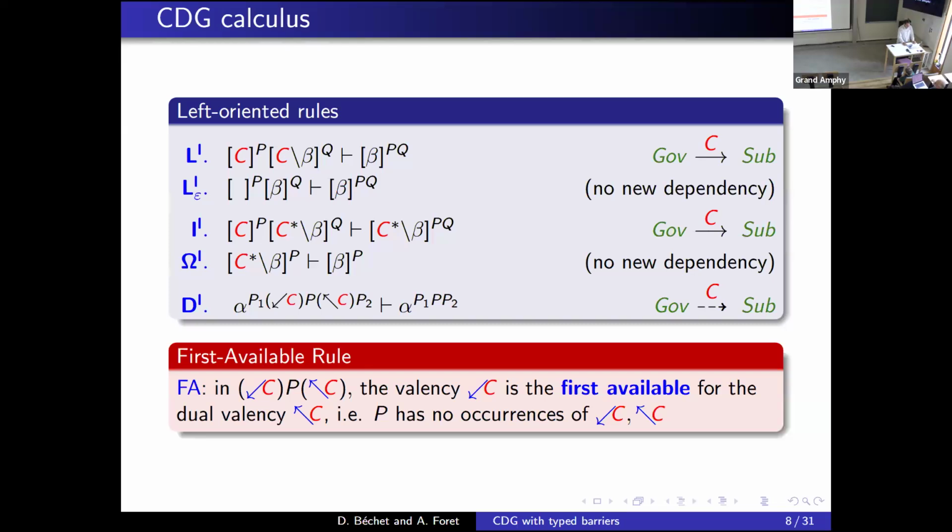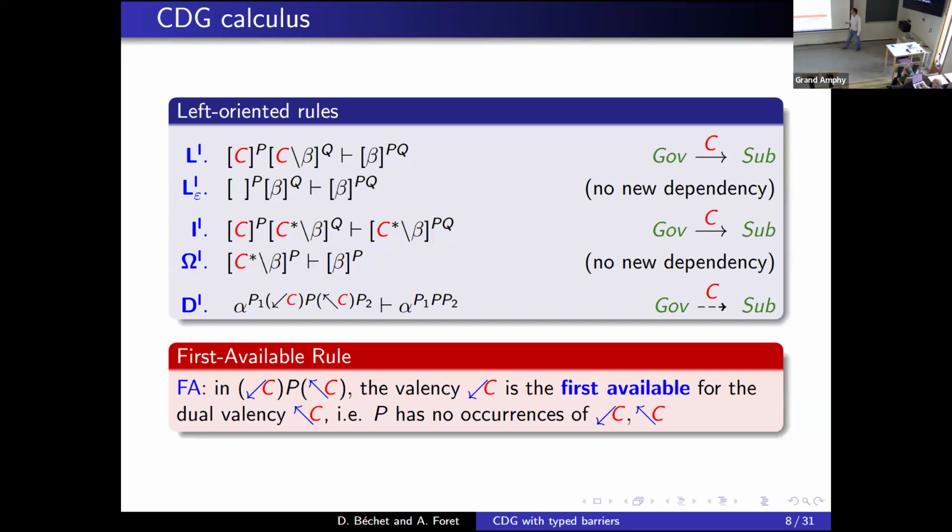Well, in the polarity, we must have something that corresponds to a positive valency, and a corresponding negative valency with the same name. Of course, there is a rule for this: for the P that we have there, we must apply the first available rule.